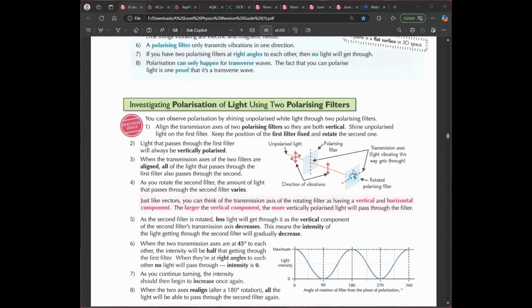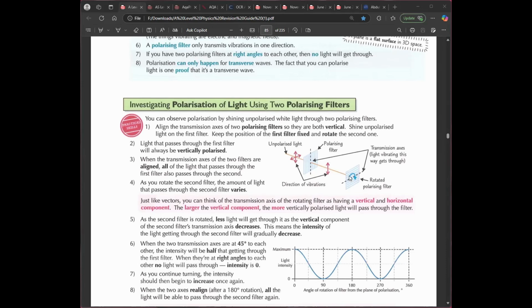And when it passes through that, obviously, if you have the other filter horizontal, no waves would be able to pass through it, because this would block everything. You only had vertical waves passing through the first one, and through the second one you won't see anything passing through because it's horizontal, so it won't let anything pass. But if the second polarizing filter is at an angle, then you can basically use basic trigonometry.